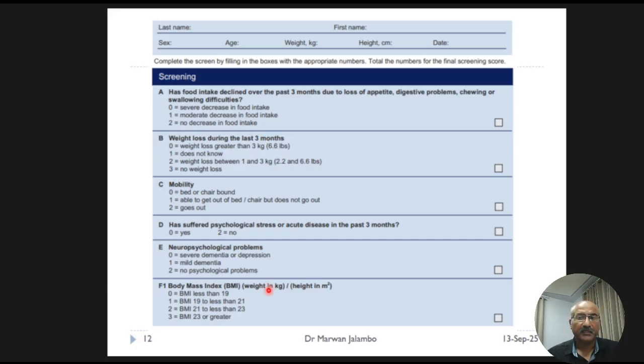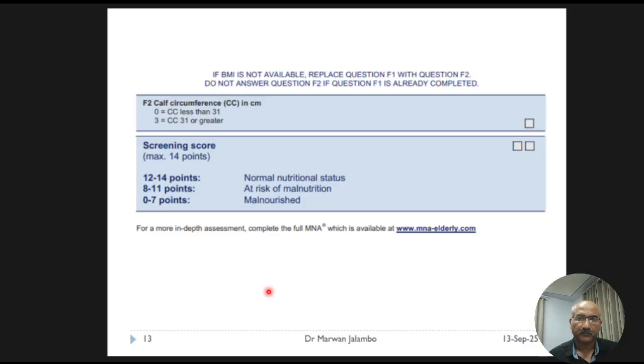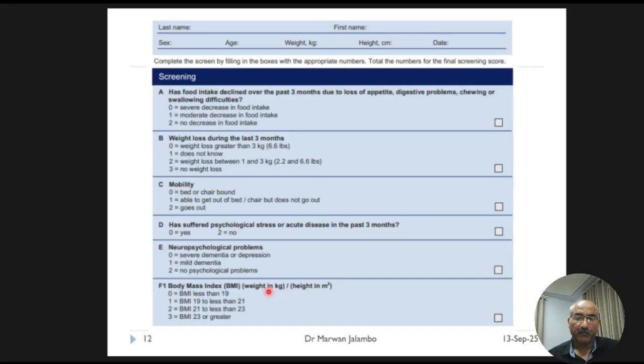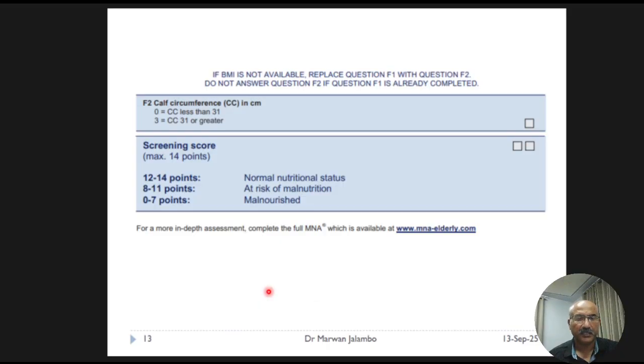Each answer is assigned a point value, so you total the numbers and the final score places the individual into one of three categories: malnourished, at risk of malnutrition, or normal nutritional status. So it's quick, non-invasive, and gives a clear result that indicates whether a full assessment is needed.